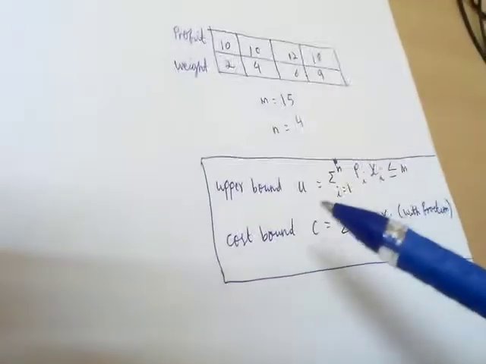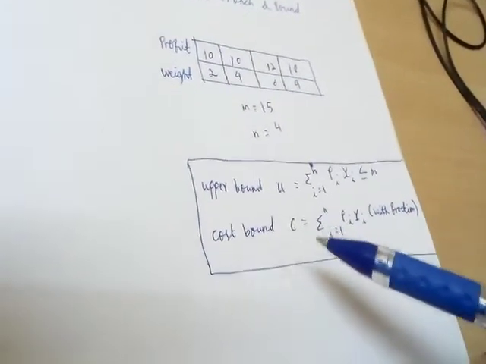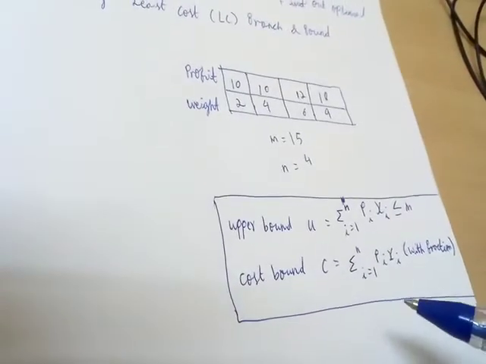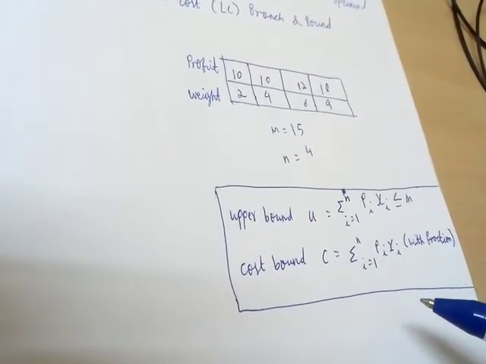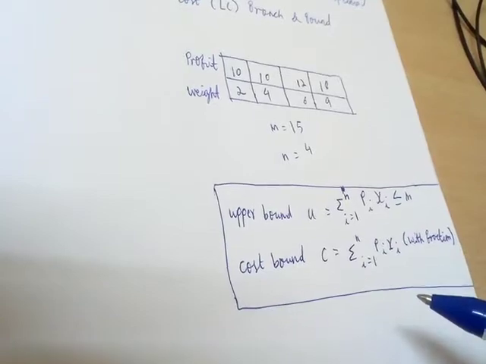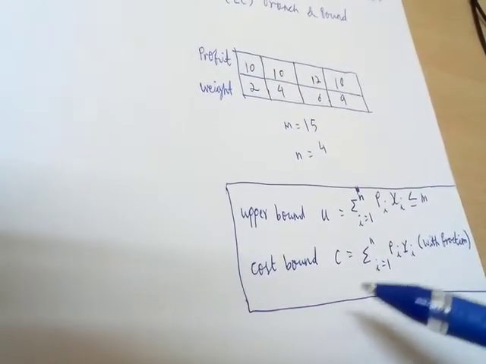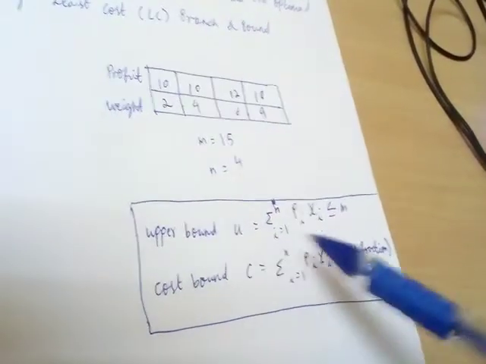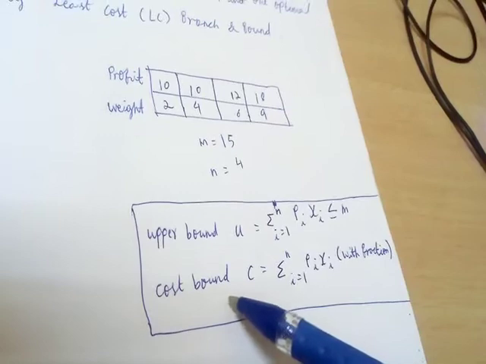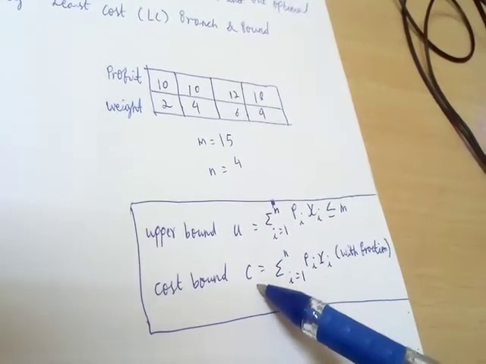As you know, in least cost branch and bound, each node will be associated with a cost, which I explained earlier. In this 0-1 knapsack problem, we are associated with 2 costs. One is the upper bound cost, and the next one is the cost bound cost, which is c.